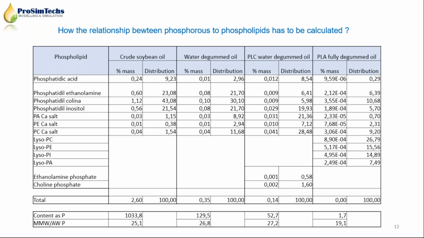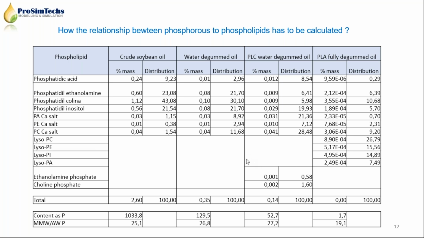For instance, in the case of crude soybean oil, for the composition of phospholipids in the oil that I have put here, the ratio is around 20 to 25. That is 5 points below the value of 30 that we typically use when we convert phosphorus content to phospholipid content, and then to theoretically measure the global oil losses that we are analyzing in our process.